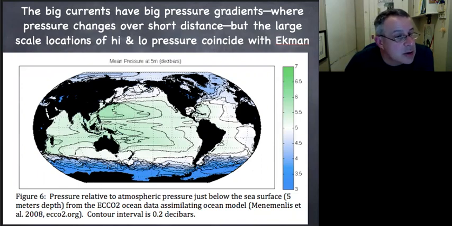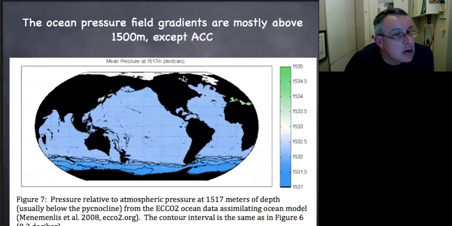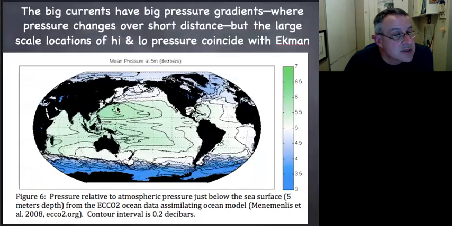What if we go deeper? All of those pressure gradients, except for this one underneath the Antarctic Circumpolar Current, which actually goes to deep, deep depths, have disappeared. How do they disappear? Well, everywhere where there's a sea surface high, there must be a tall stack of pillows there, which means that the pycnocline must be depressed underneath all the highs.